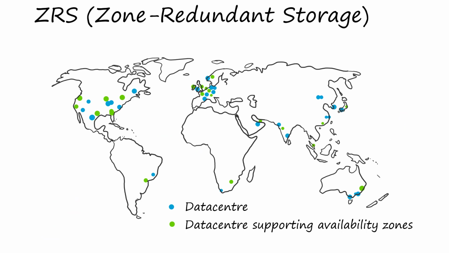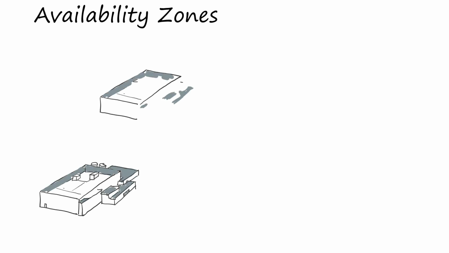Now, some of these regions support something called availability zones, and these are the green dots on the map, a little under half of all the regions. These regions have 3 or more zones that are separate data centers within the region.